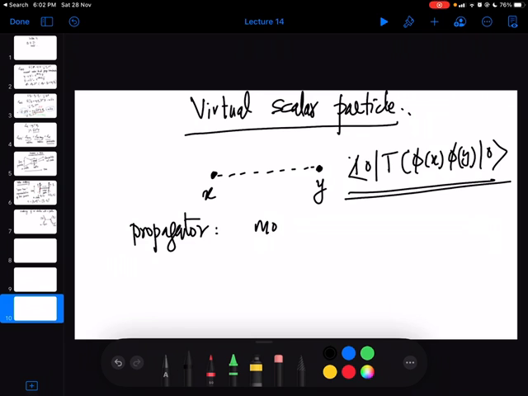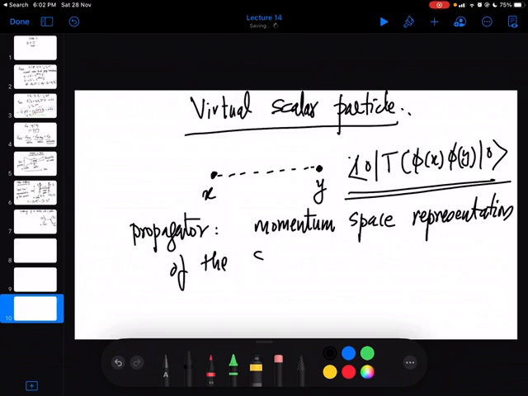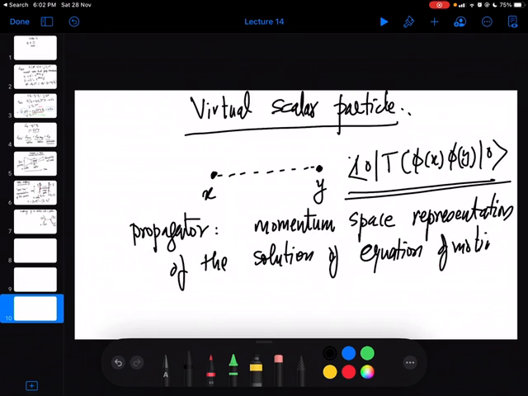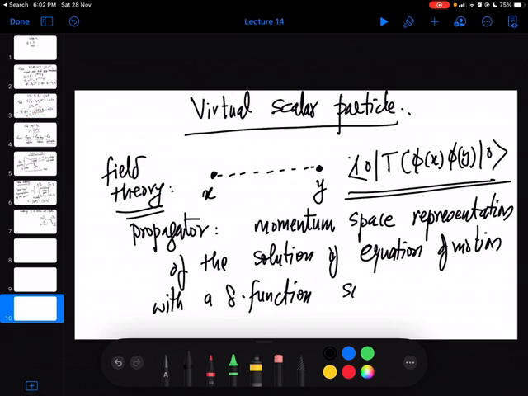The propagator is the momentum space representation of the solution of the equation of motion. You can derive it in field theory, and you can also do it in the classical way: in momentum space representation, the solution of the equation of motion with a delta function source.